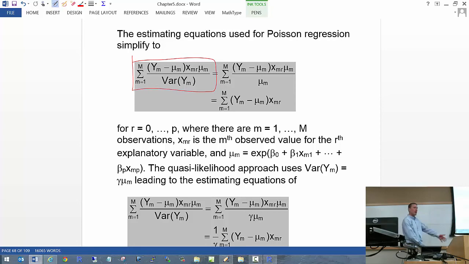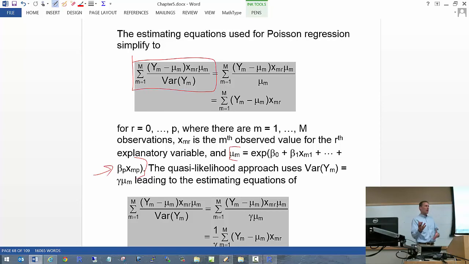So sum over all your observations, take y minus mu. Remember what mu is. That's where the betas are located. Times the particular explanatory variable that's a coefficient on the beta of interest, times mu again, divided by the variance of y.